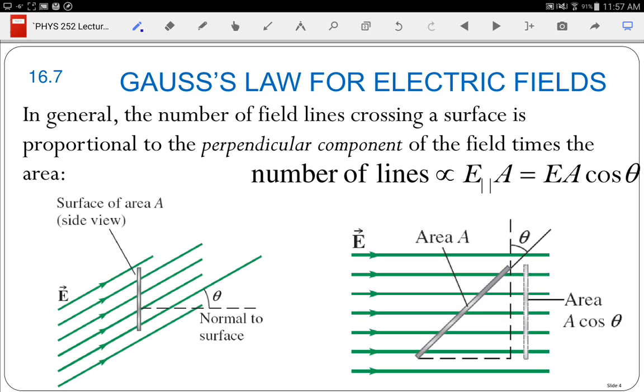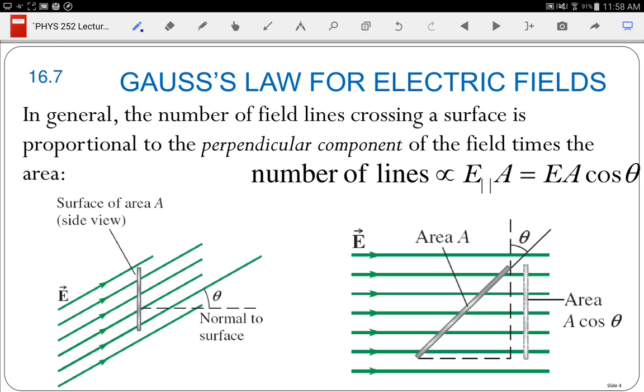And of course, if I'm somewhere in between, how can I get the flux? Let's say, for instance, here's my surface, and the electric field is going at some angle. How do I find the flux, the electric field going through the surface? Trigonometry.